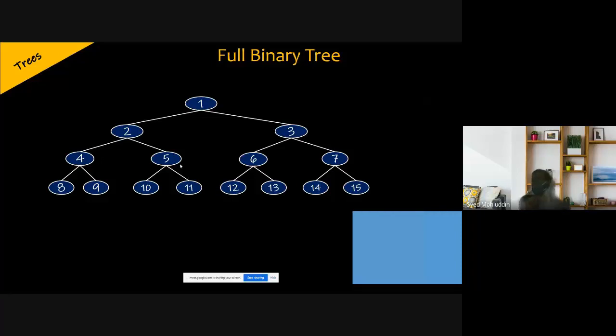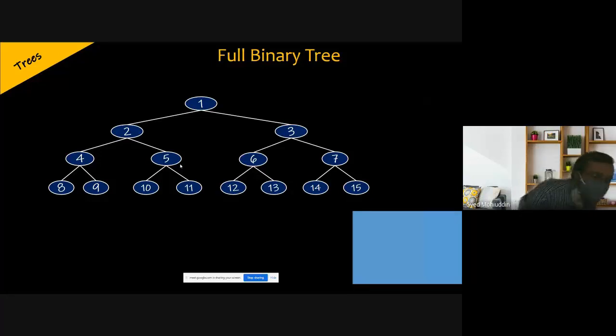There is also a formula through which the full binary tree is described. In terms of height, a full binary tree of height h will have exactly 2 power h minus 1 nodes.